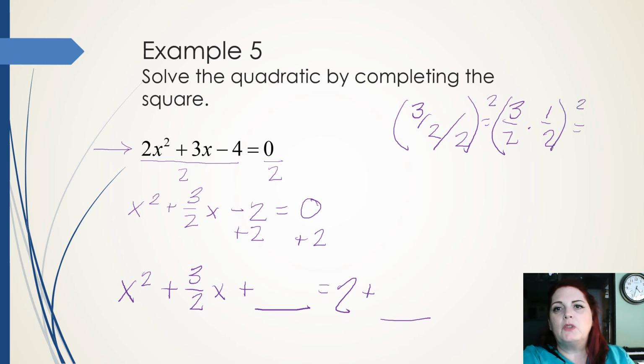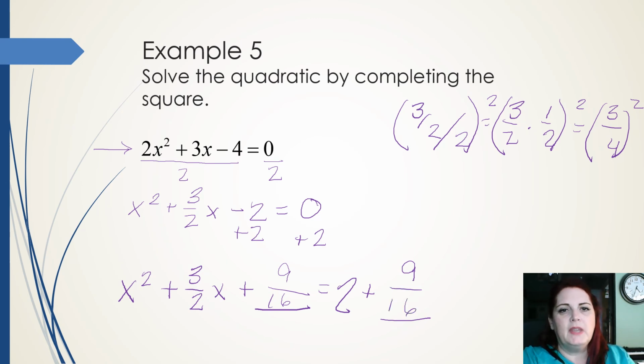So 3 times 1 is 3, 2 times 2 is 4, and we're going to square that. And 3 squared is 9. And it's going to be over 16. Now we're going to do that to both sides.